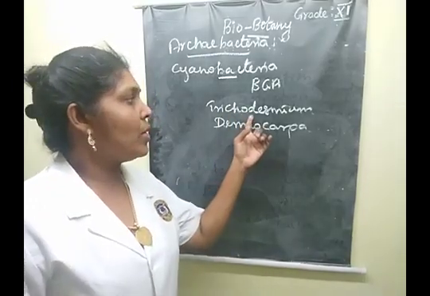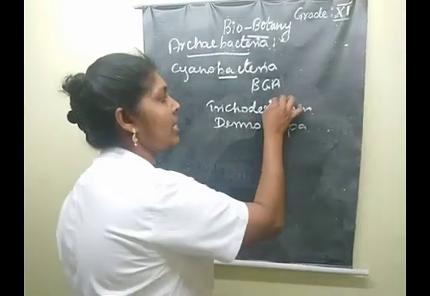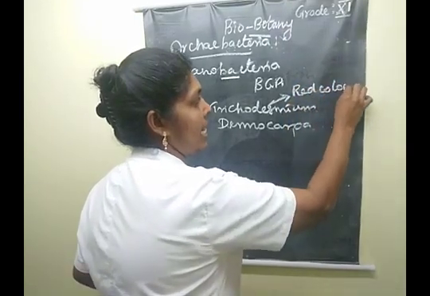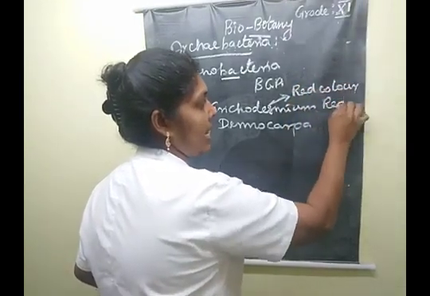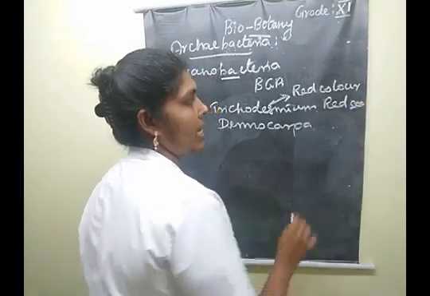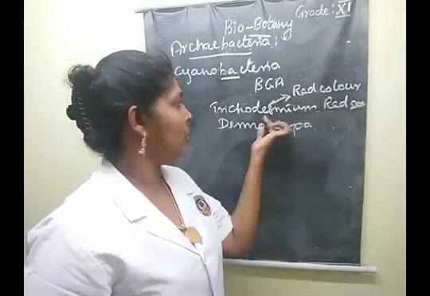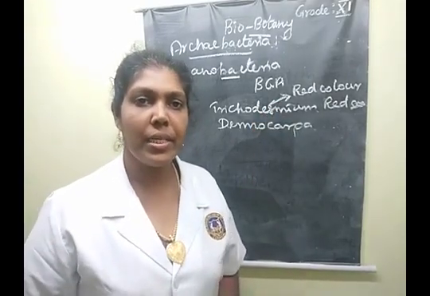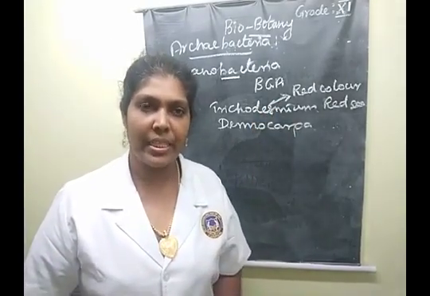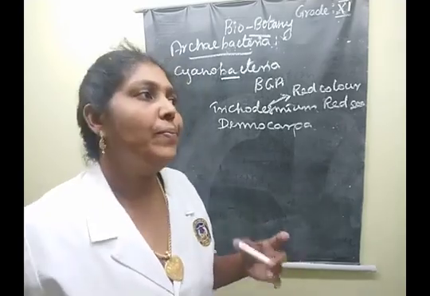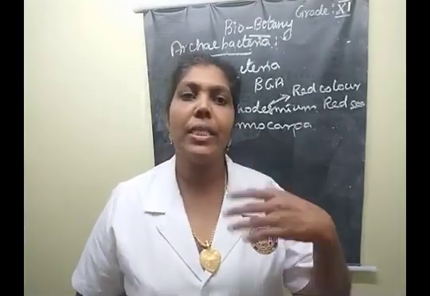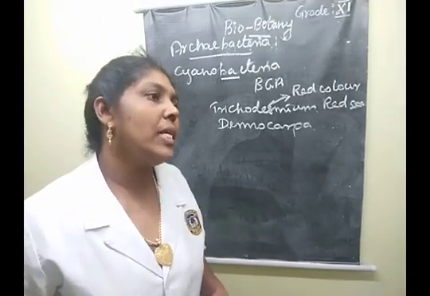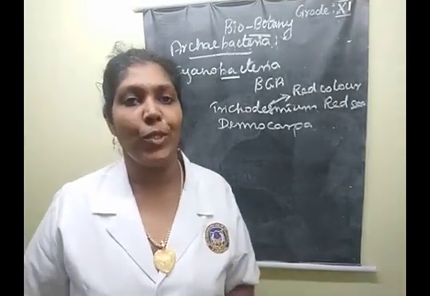Trichodesmium gives a red color to the Red Sea; the Red Sea area gets its red color due to the presence of this cyanobacteria. Understood, children? Say yes or no. Yes. Then also Nostoc and Anabaena, certain species which also perform symbiotic association.